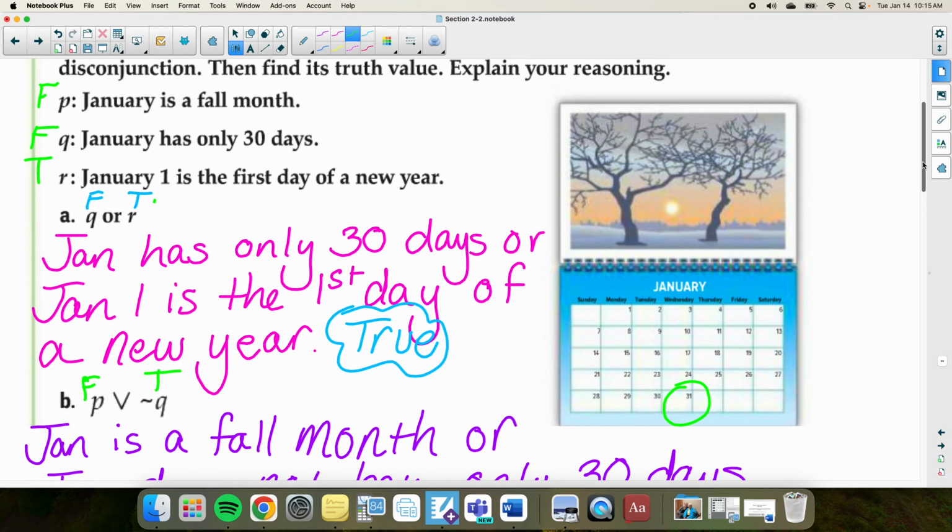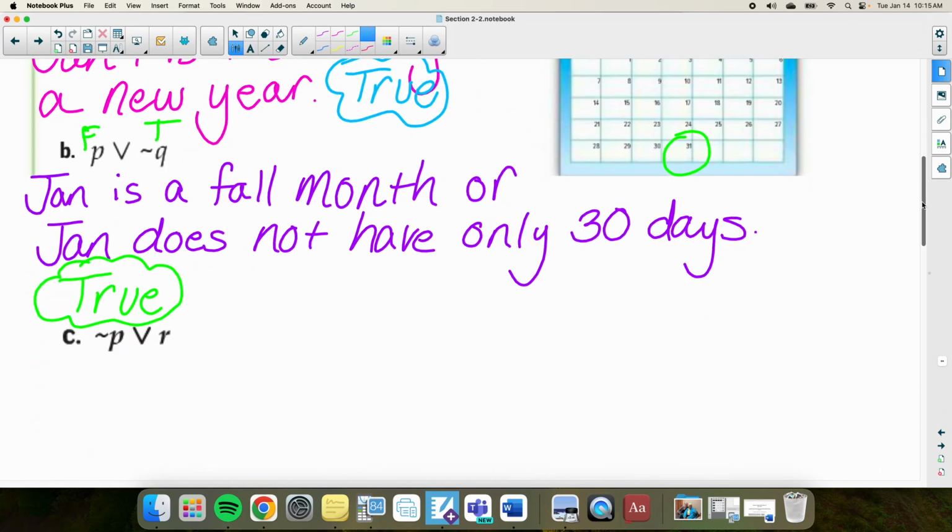So I have to negate P. So I am going to say January is not a fall month.